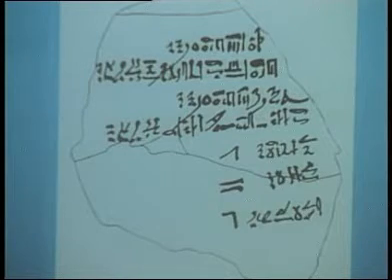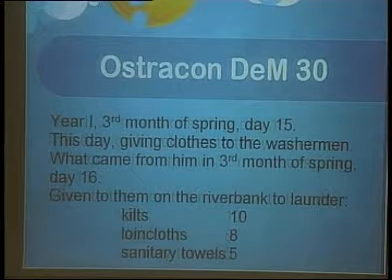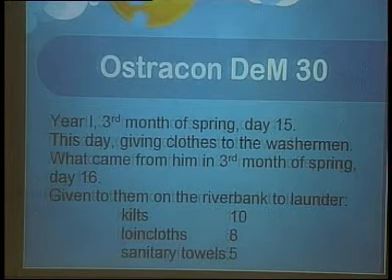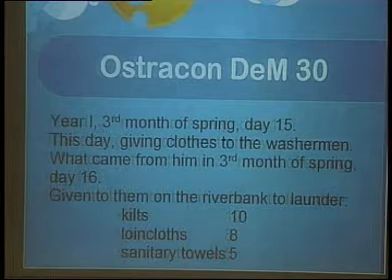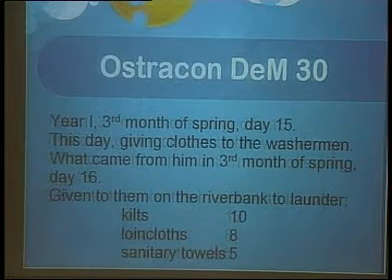So this piece here, I'm translating here, this ostracon, written on a piece of potsherd, obviously in hieratic script, and this one is very nice because it is actually dated to regnal year 1 of King Seti I, so we could get a precise date for it.